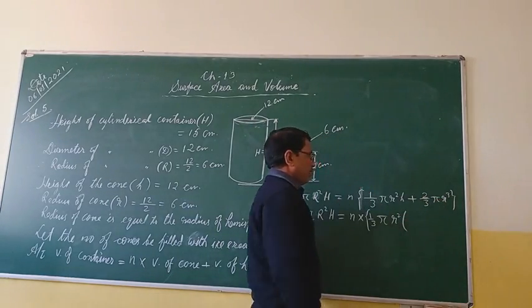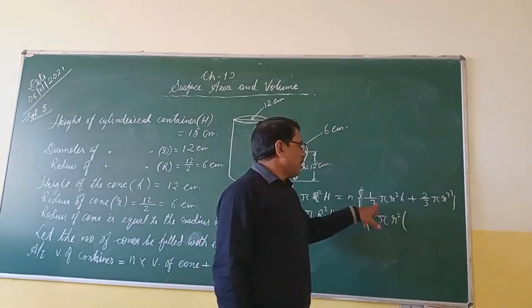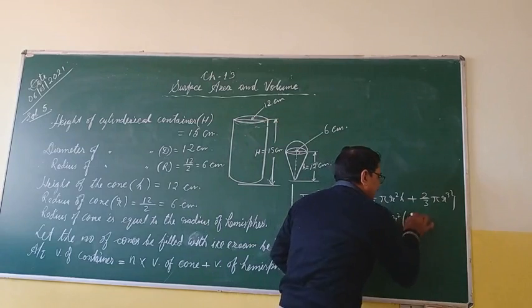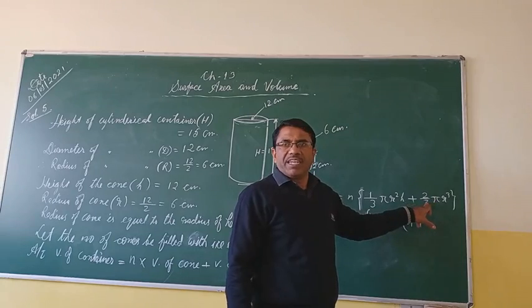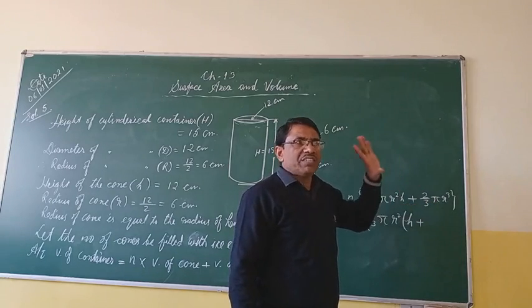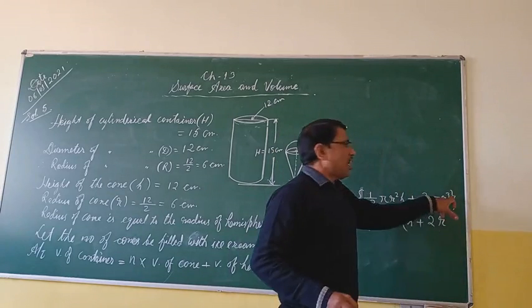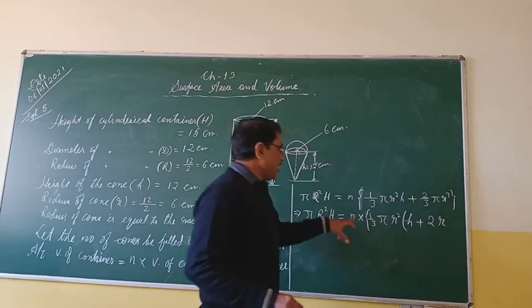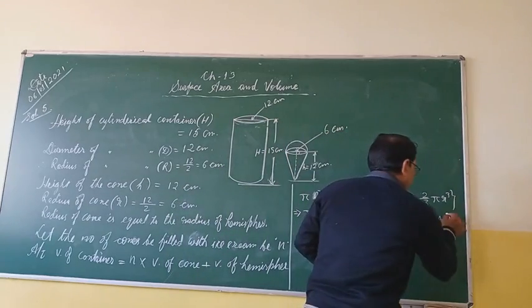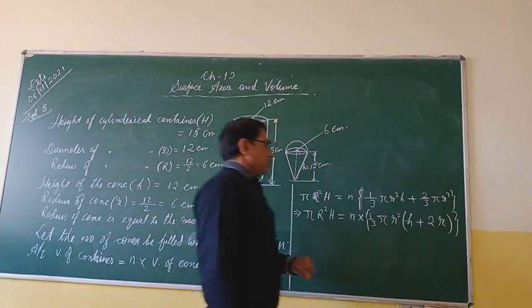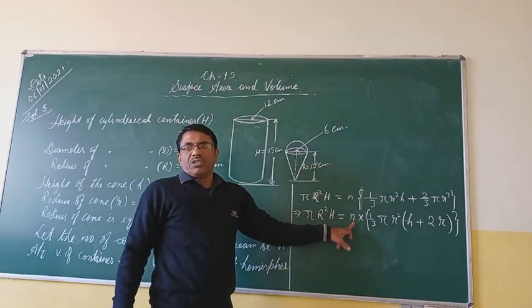Keep first bracket: 1 by 3 is taken common, so no numerical multiple is there, only h remains left. Plus, 1 by 3 has been taken common, so 2 remains left. So 2 into single r, because r square has been taken common, only r remains left. Second bracket close.